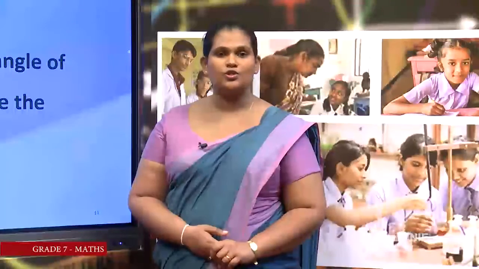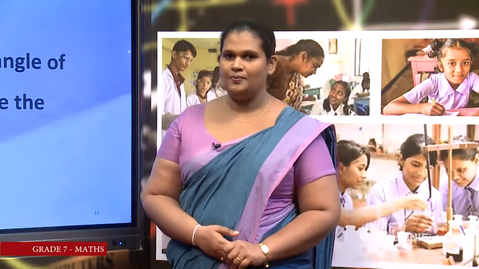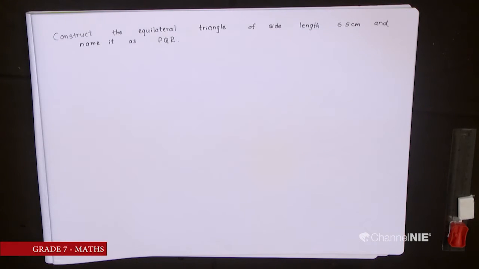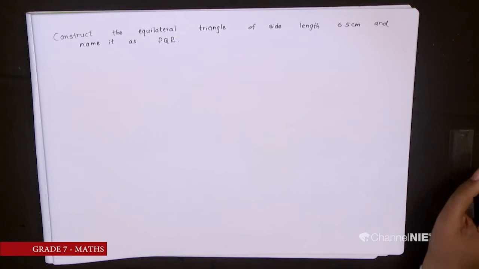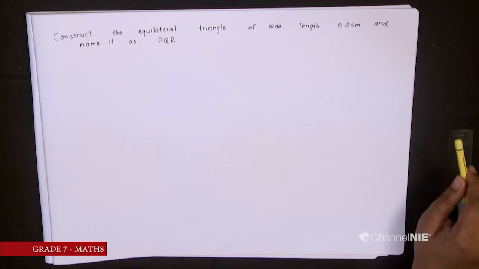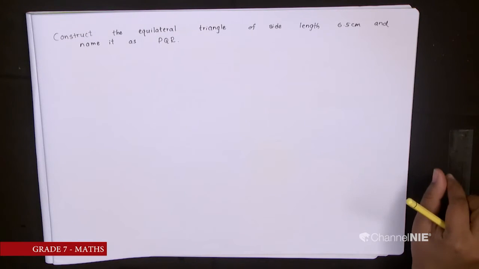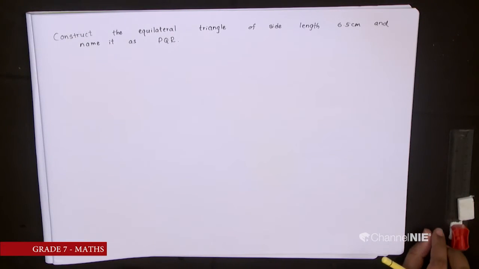So, we will move on to the construction once again. Right. Now, we are going to construct the equilateral triangle of side length 6.5 centimeters and then we have to name the equilateral triangle as PQR.